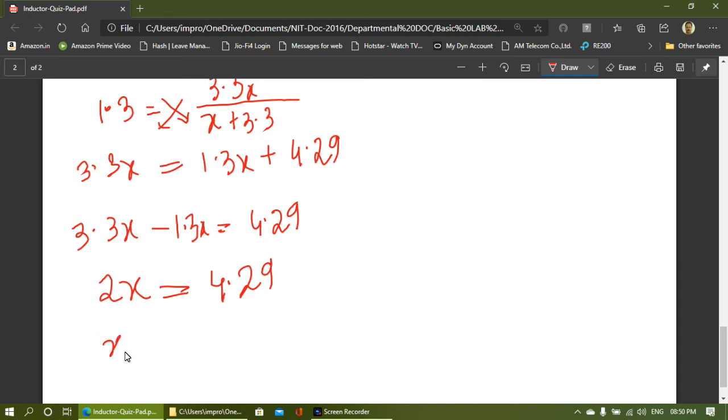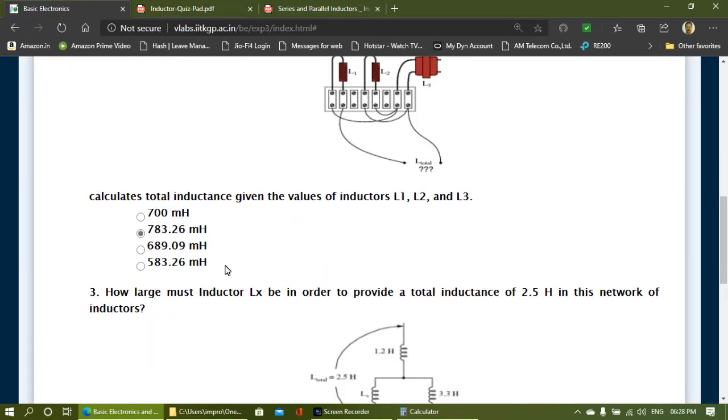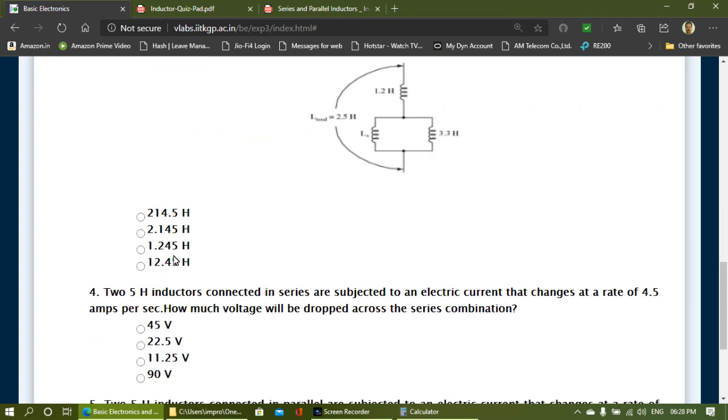Then easily you can find the value of x by dividing this 4.29 by 2. So it will come 2.145. Find what options are given already in the question sheet. Yes, 2.145.